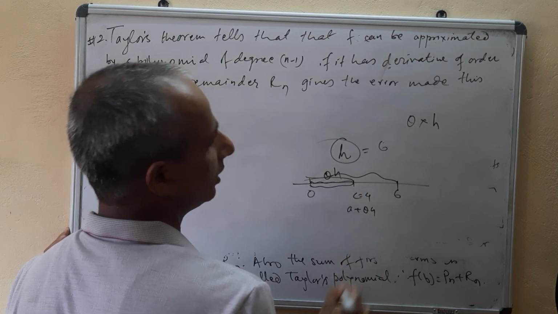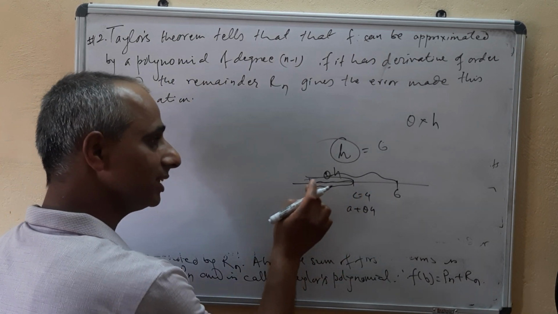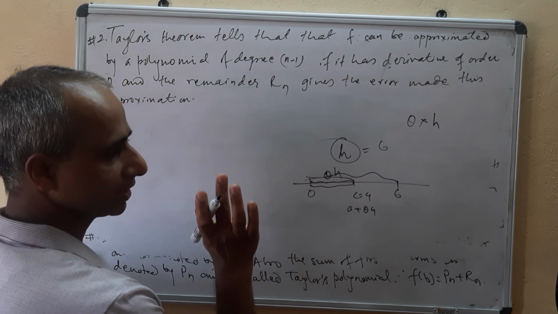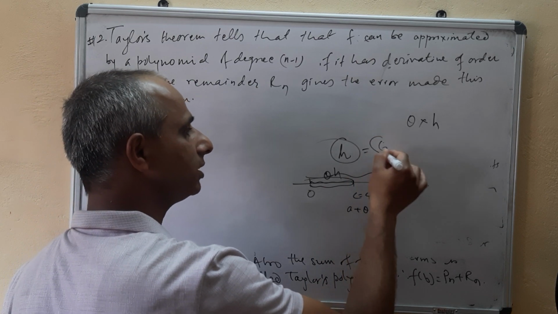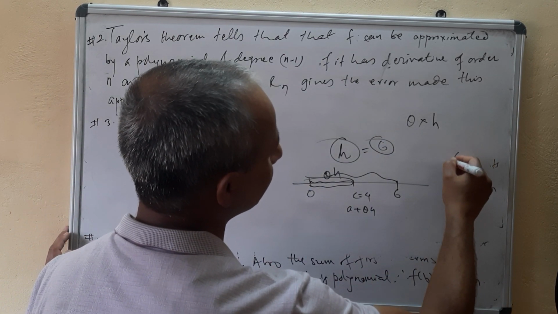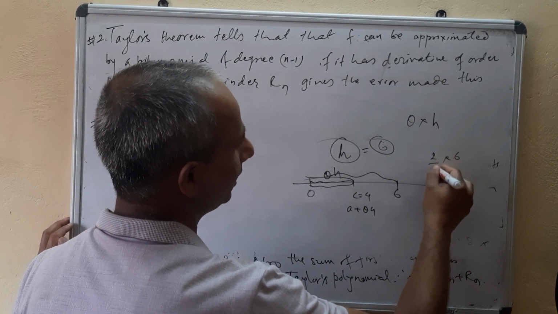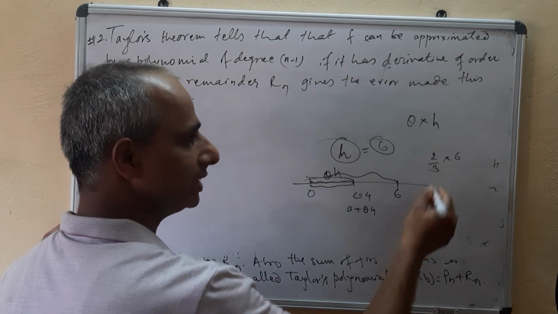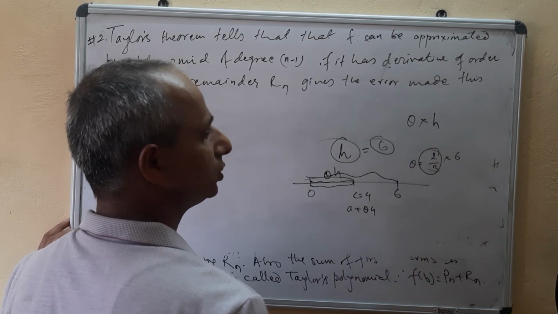Then the distance from a to c is 4, but we have to express that in terms of 6. What should we multiply 6 by to get 4? It is 2 by 3, a number between 0 and 1. So here theta will be 2 by 3.